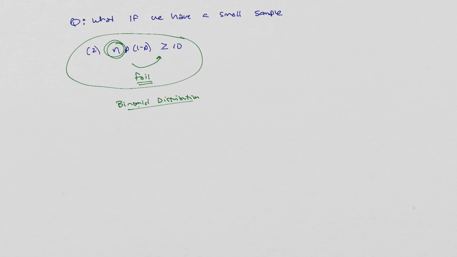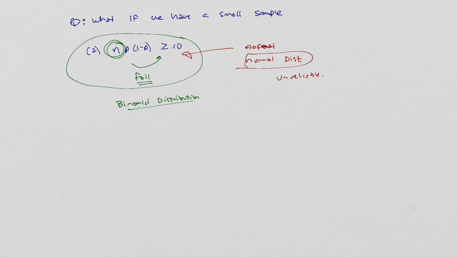So make sure you do these checks, because if this check does fail, then the normal distribution doesn't meet that criteria, which means our work is unreliable. We just can't trust the answers that we have.